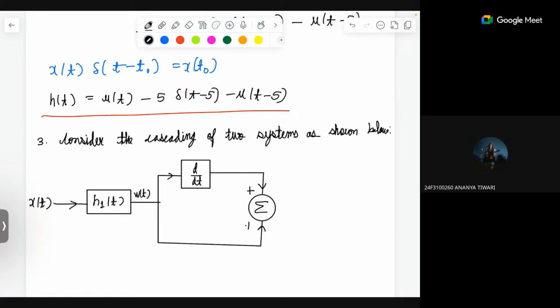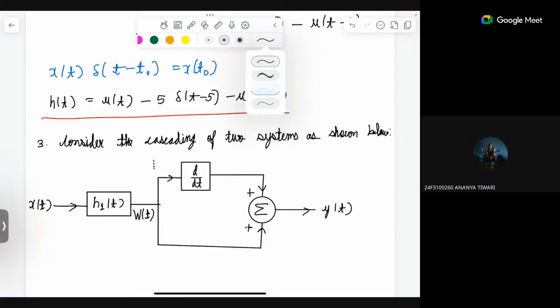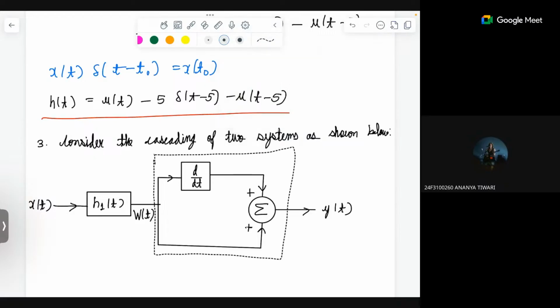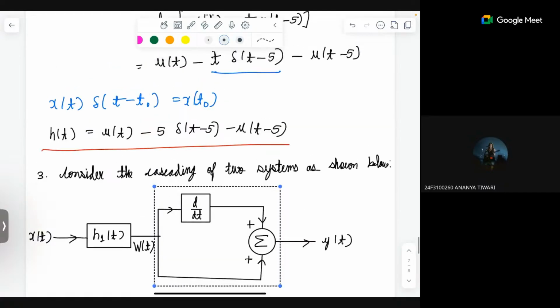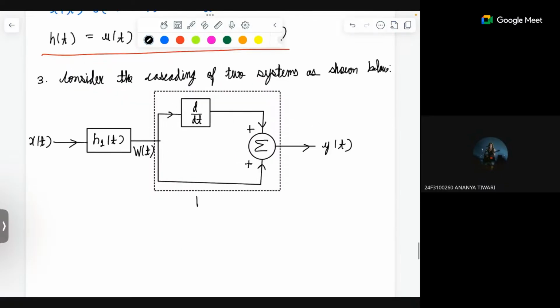Plus from both the sides. Inside this dotted box, I'm calling this H2 of t.